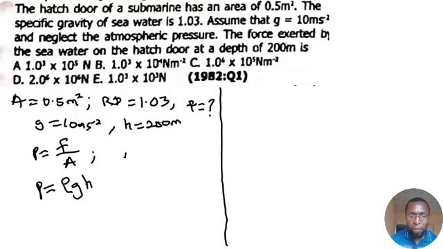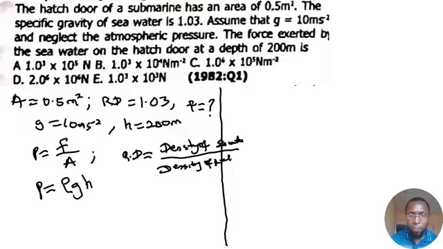Relative density by formula is equal to the density of the seawater over the density of water itself. Now, the relative density of the seawater is given to be 1.03. That means 1.03 equals the density of seawater, which we don't know, and that's what we need here.